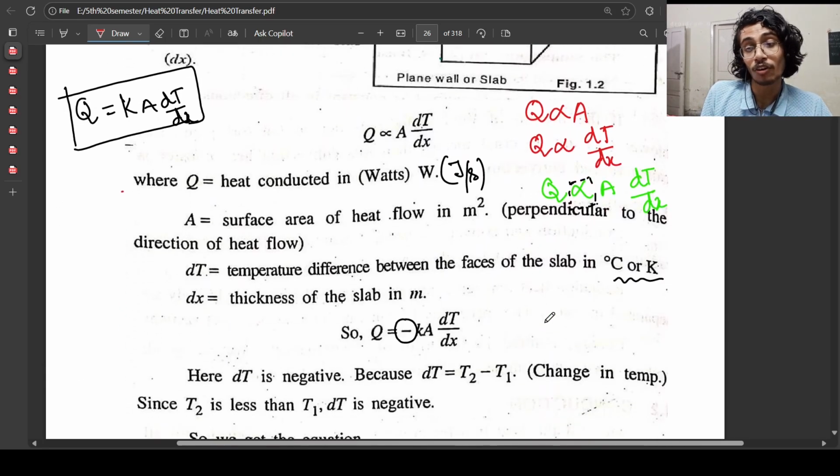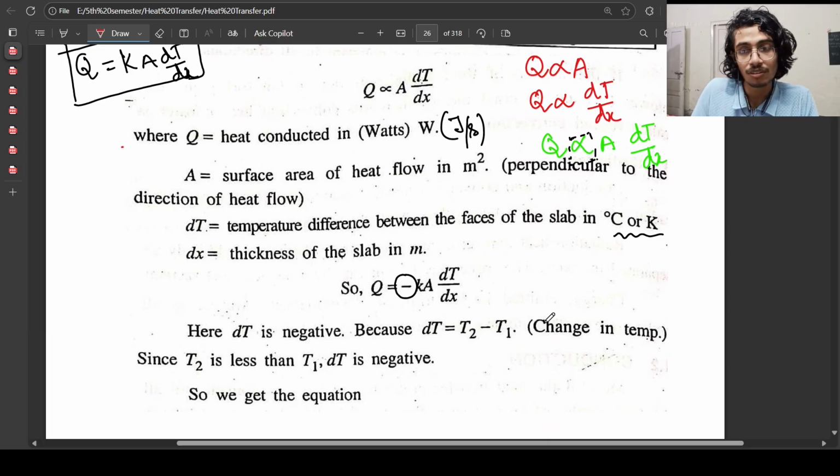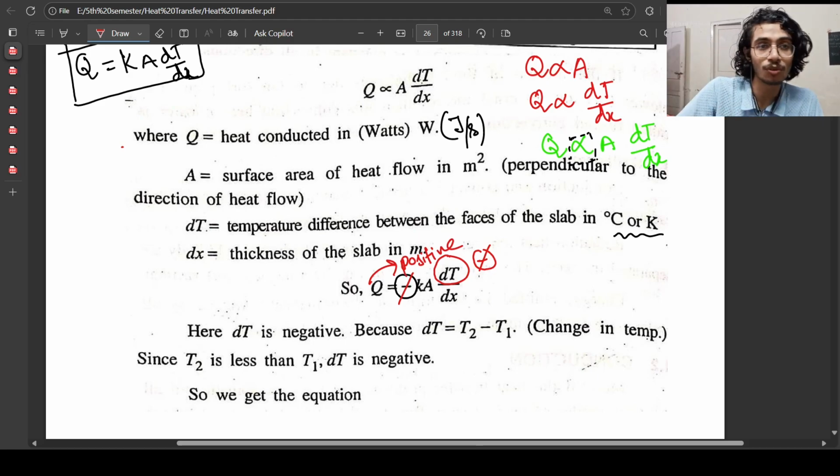And in order to compensate for that negative value, look at this dt. This dt is a negative value. So in order to compensate for this negative sign, they have brought another negative sign into this equation. So they both cancel each other, and they will provide you the answer of Q as positive, right? So you will get positive Q answers.